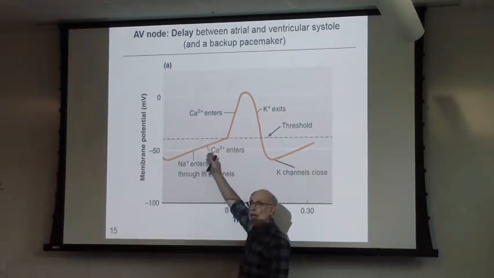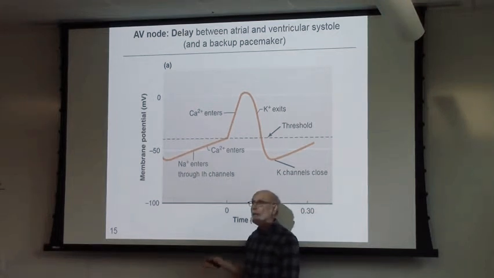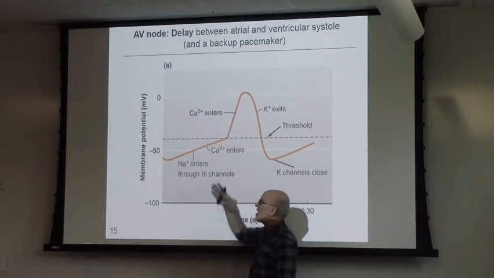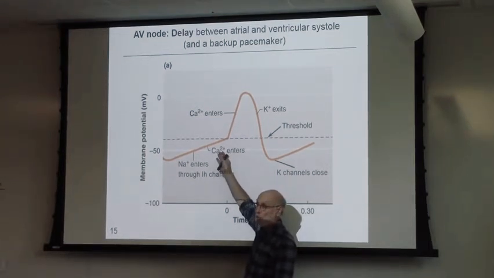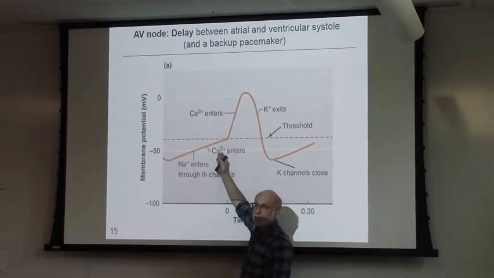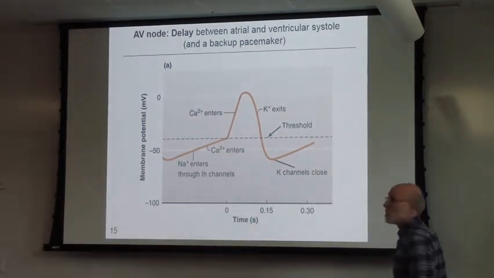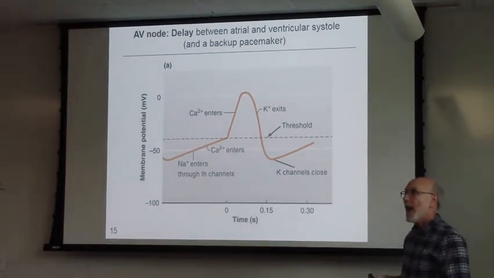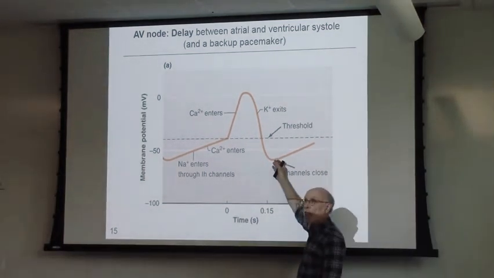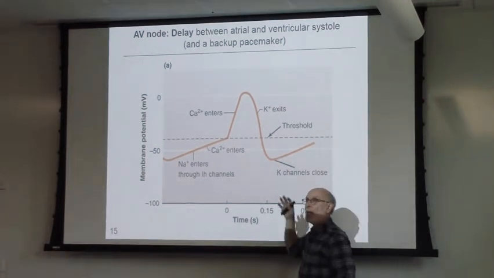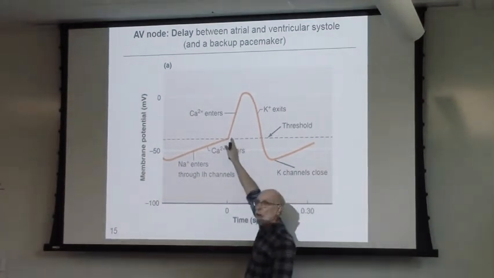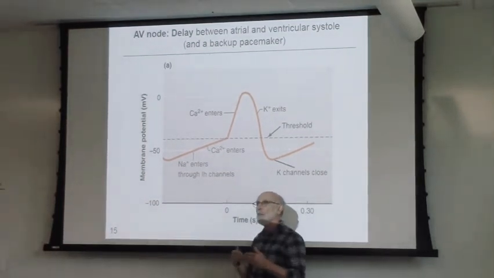The AV node can act as a backup pacemaker when the SA node is diseased or damaged. It might be too slow, might not be a great pacemaker, but a slow heartbeat is a lot better than no heartbeat. The AV node has action potentials that look like the SA node, and because they use slow calcium channels, the spread of the action potential through the AV node is slow.